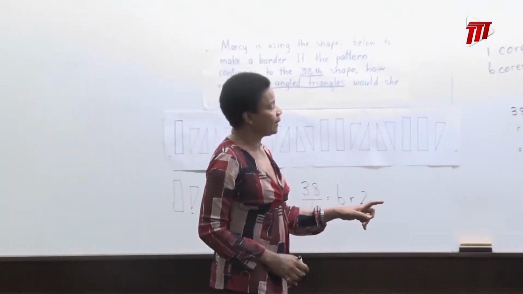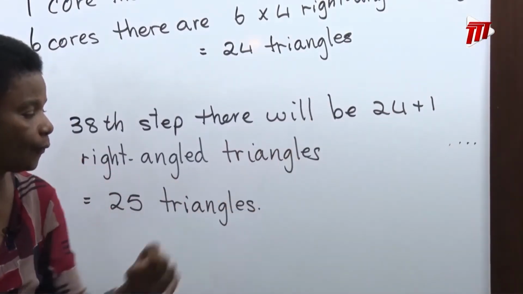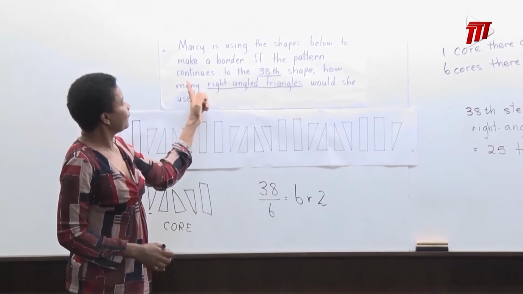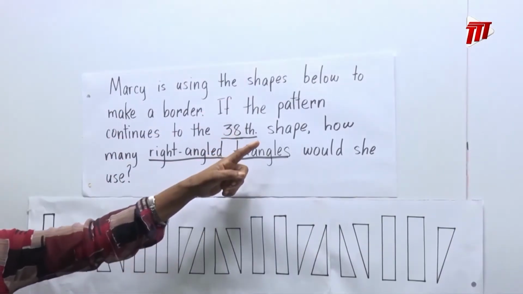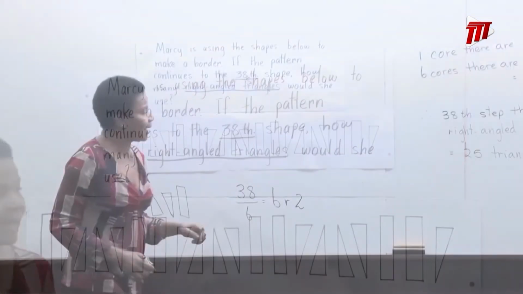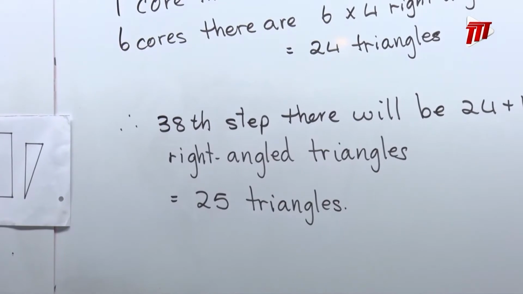And that is why we are adding this extra right-angled triangle to our 24. So to answer the question, if the pattern continues to the 38th shape, how many right-angled triangles would she use? Our answer, 25 right-angled triangles.